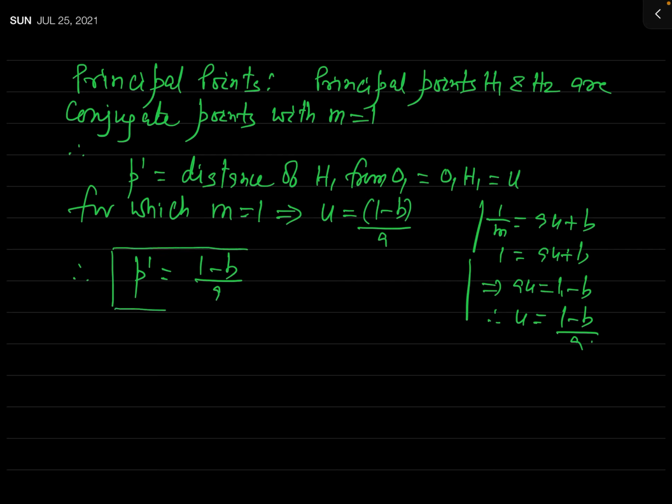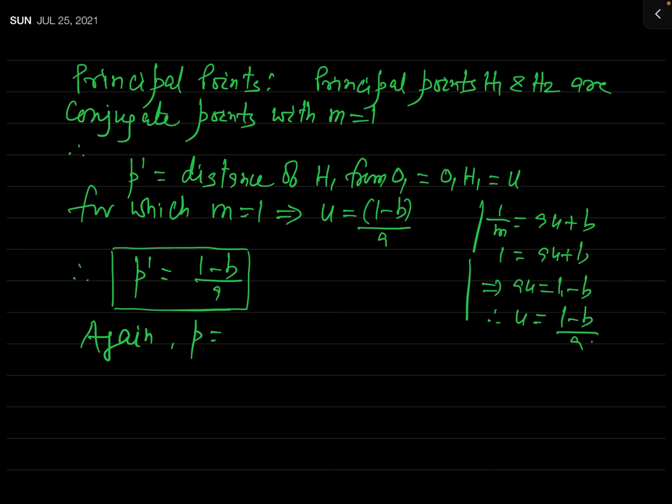So in terms of the constants a and b, we have obtained the distance of the first principal point from the pole O1. Now the distance of the second principal point H2 from O2 will be simply equal to v, for which m is equal to 1.